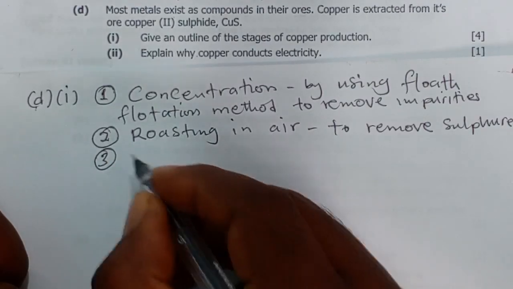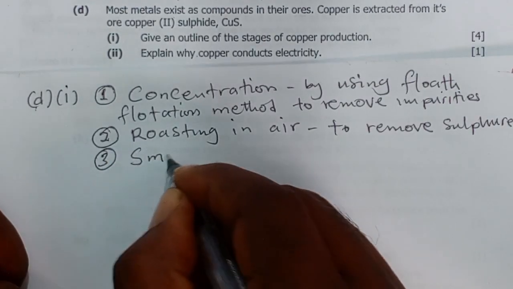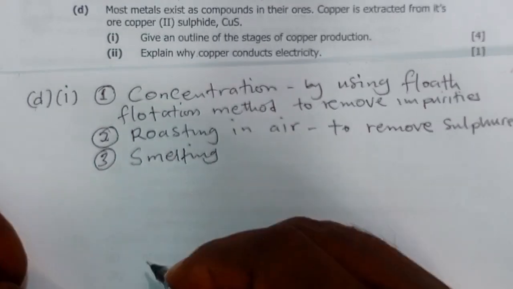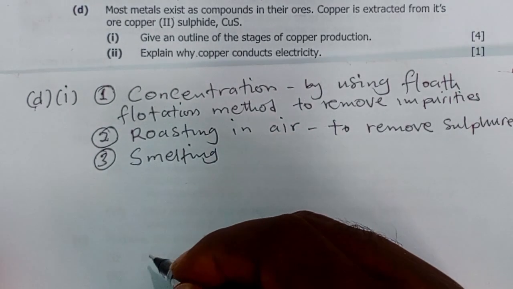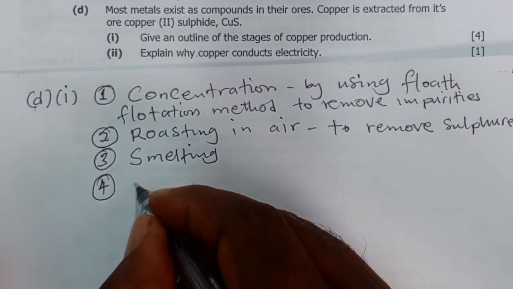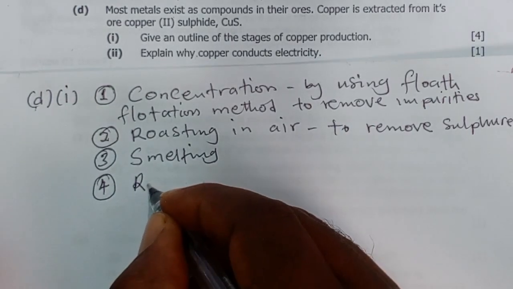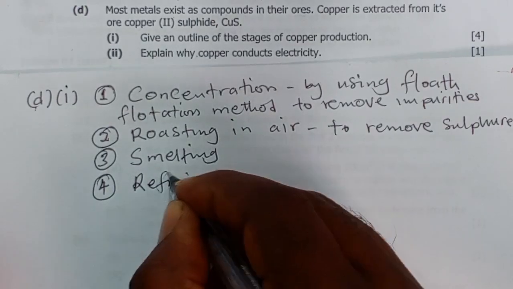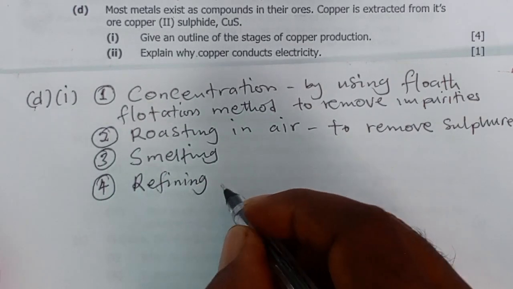Stage number 3 is smelting. Smelting is simply the third stage. The last and the fourth stage is refining. So refining is simply to purify.